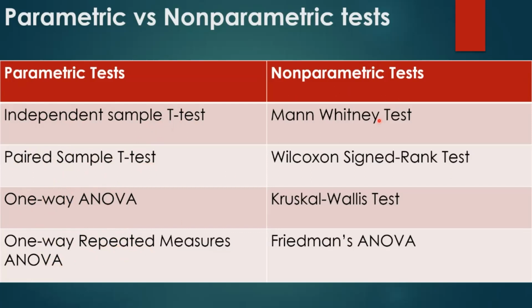Then for the non-parametric side, while we use the independent sample t-test for groups that are mutually exclusive, we use the Mann-Whitney test if our data cannot meet the parametric criteria.